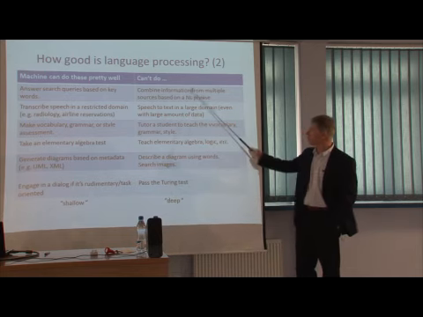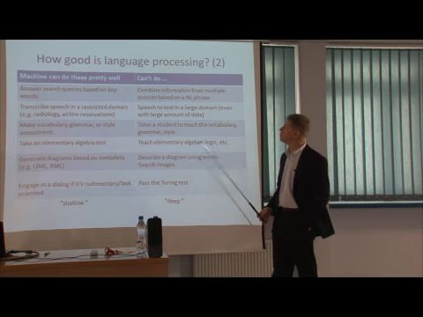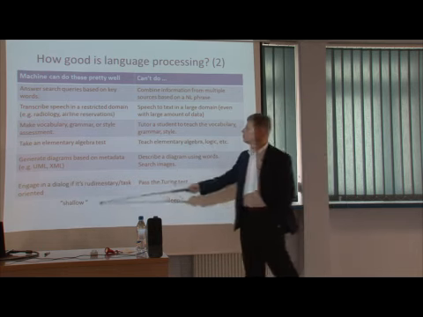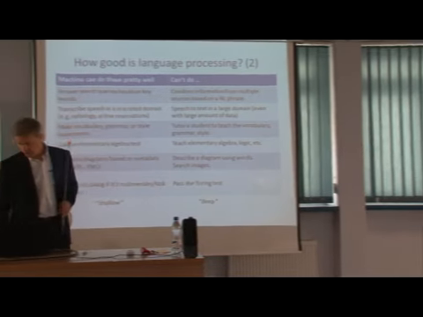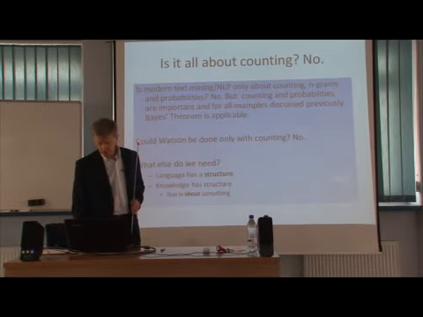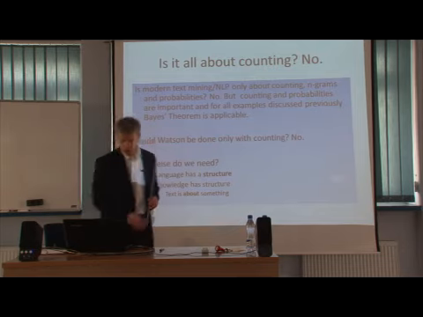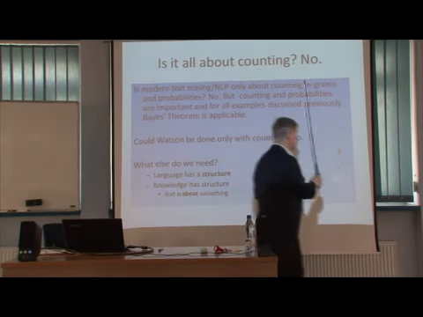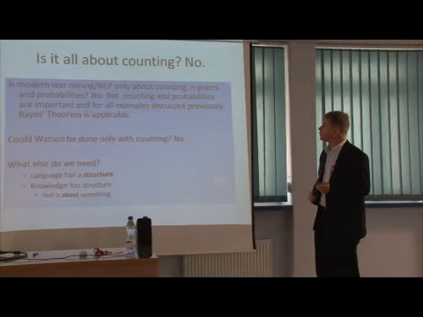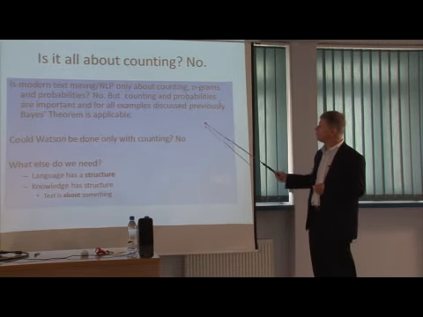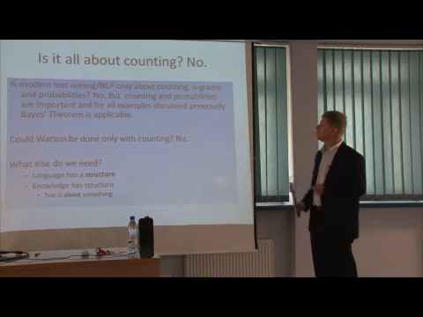All right, so again, we don't know how to do it. We call it deep. Well, we know how to do that using Bayes' theorem. We call it shallow. So is it all about counting? The answer is no. For example, Watson cannot be done just with counting.